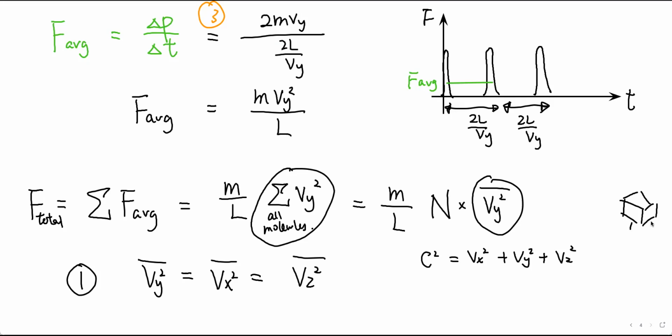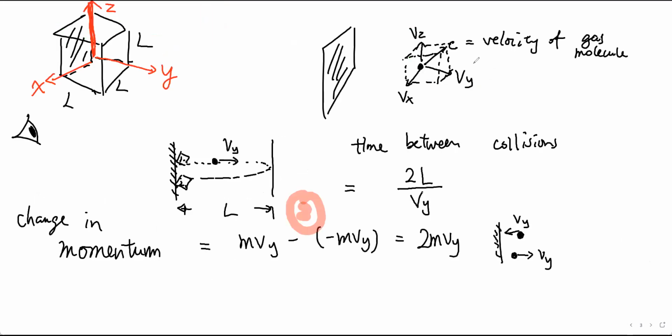This is a cuboid with sides 1, 2, 3. To find the diagonal, you take the square root of 1 squared plus 2 squared plus 3 squared. Similarly for the speed, C squared is equal to Vx squared plus Vy squared plus Vz squared.